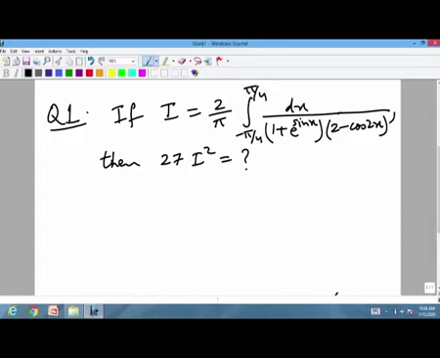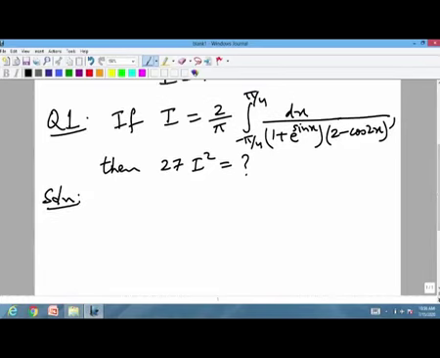So, if we see here, we have an integral of the form minus a to a of f(x) dx. So, let me recall.